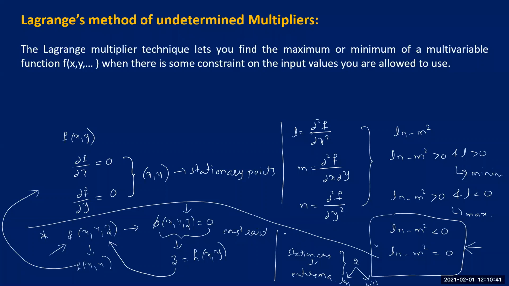But by chance, if you get only one stationary point, we cannot certainly decide whether we get minimum or maximum at that point, but we can simply say it is an extreme value, right? So that's one drawback in Lagrange's method.